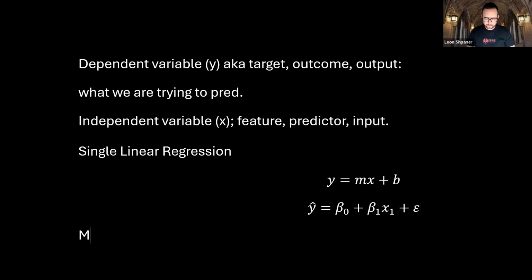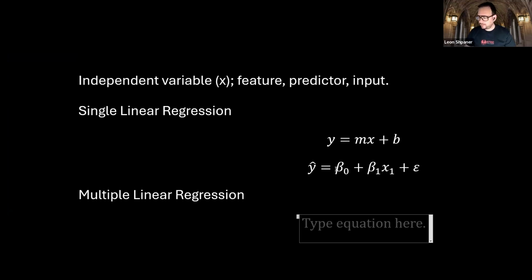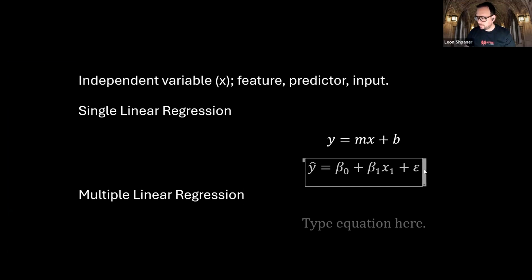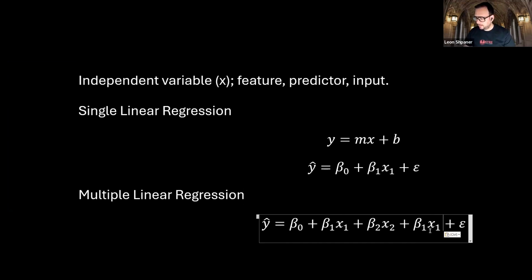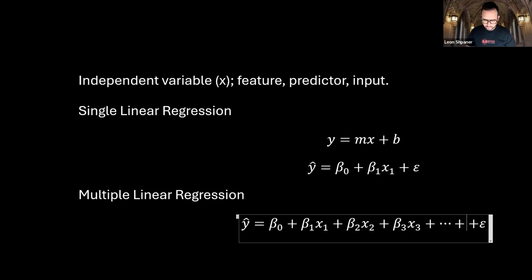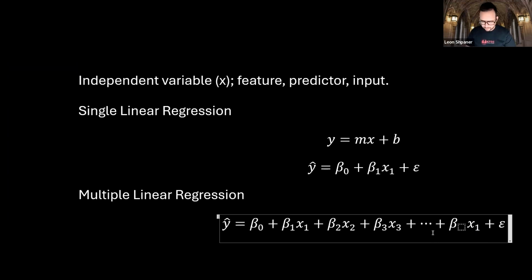The only difference now as we move into the multiple linear regression model is we take everything from the single or simple linear regression model with one independent variable, and we just begin to add more independent variables into the mix. So now we have beta sub 2, x sub 2, and now we have beta sub 3, x sub 3, plus beta sub n for any number of independent variables.